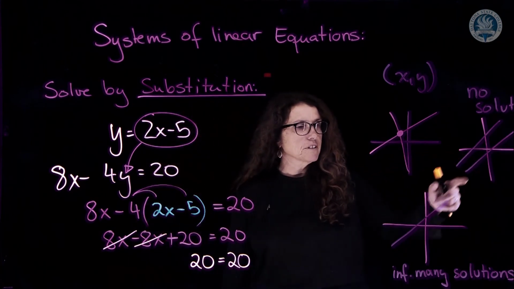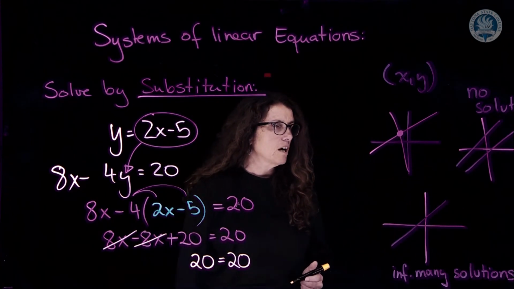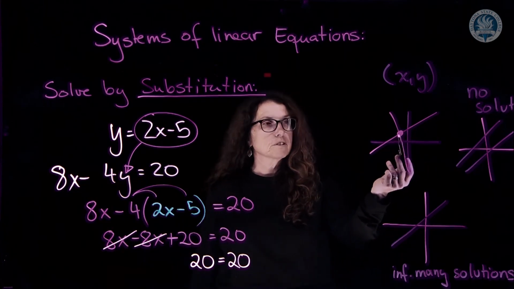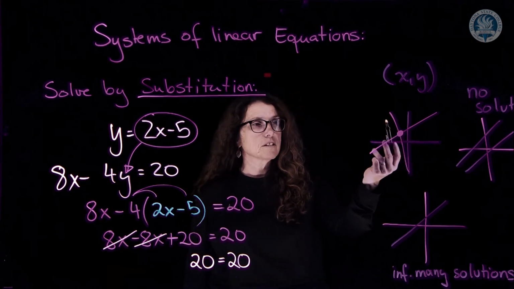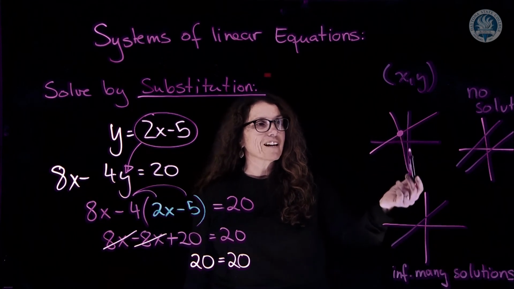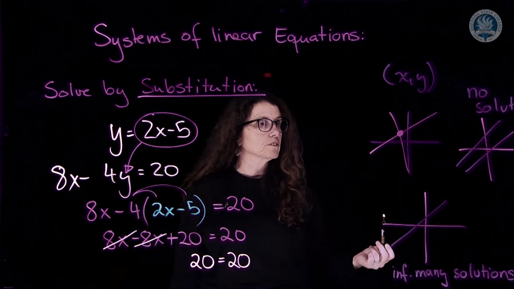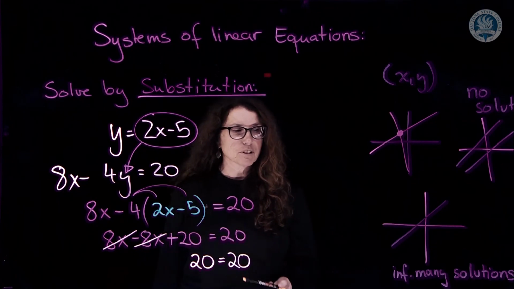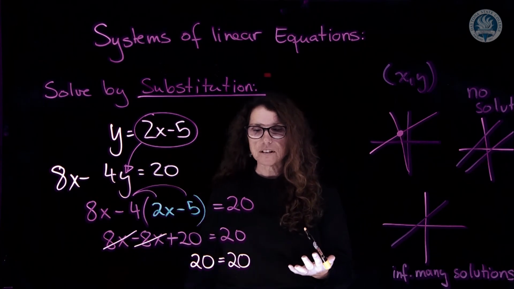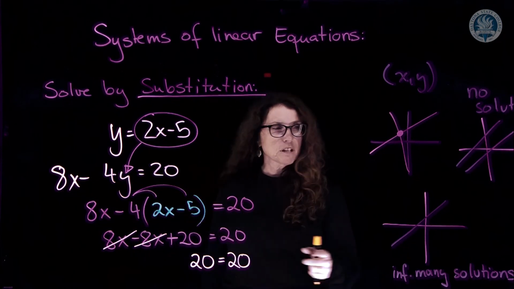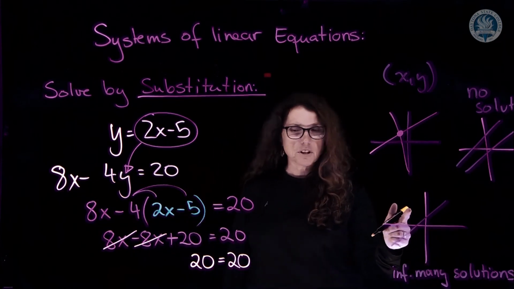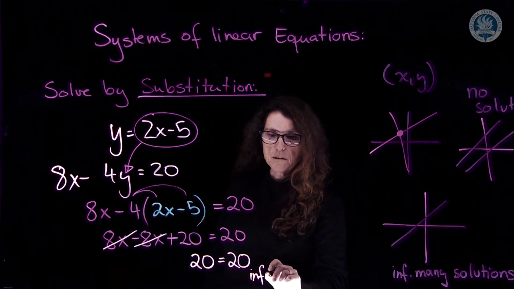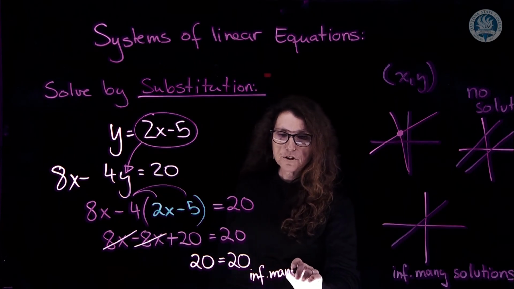Now here on the right-hand side are our three cases. We don't have a variable, so we're not solving for x and y in this case. They do not intersect at just one point. What happens is the left-hand side is equal to the right-hand side, basically an identity, which means this would be our third case here, and we have infinitely many solutions.